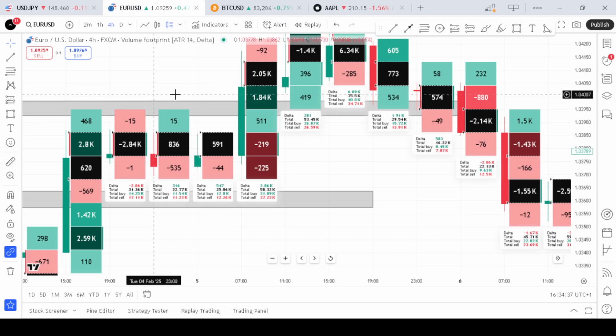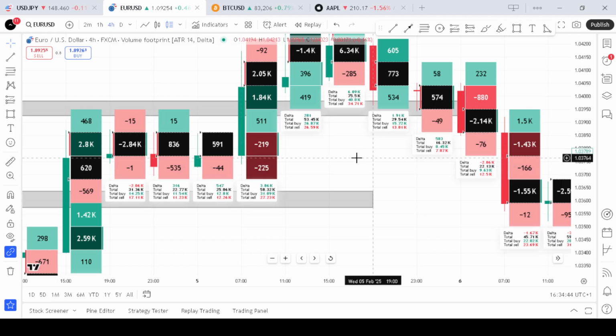Remember, the volume footprint chart is most powerful when combined with other technical indicators or analysis tools used to confirm breakouts. Don't forget that you can use this to confirm breakouts, to spot early reversals, and to refine your entries and exits. By mastering this tool, you will gain a deeper understanding of market dynamics and improve your trading decisions overall.